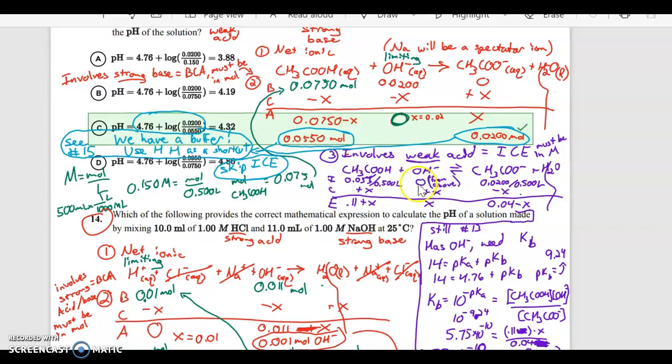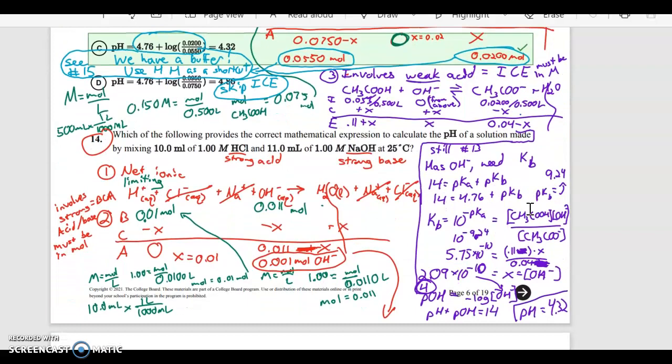You have 0 for the OH minus because from here it was your limiting and you don't have any. Then you do your change part, plus x minus x. And because it's going to shift over to the left side because you don't have any OH, you end up with these for the equilibrium values.